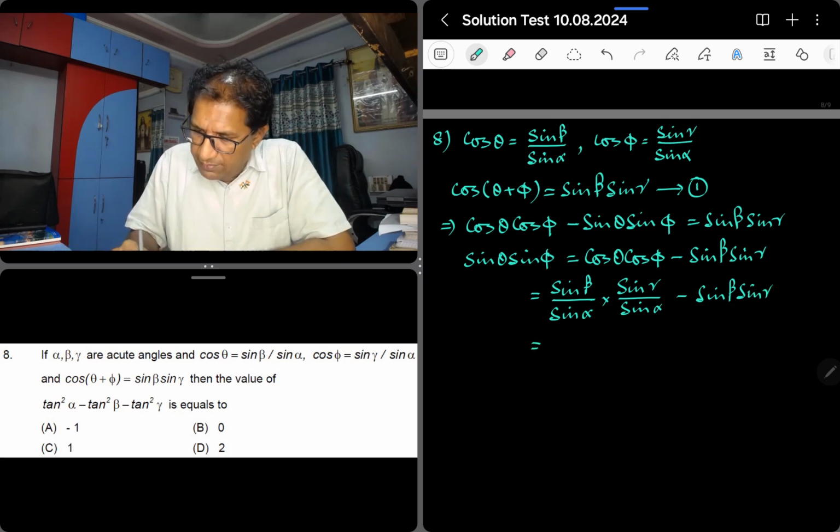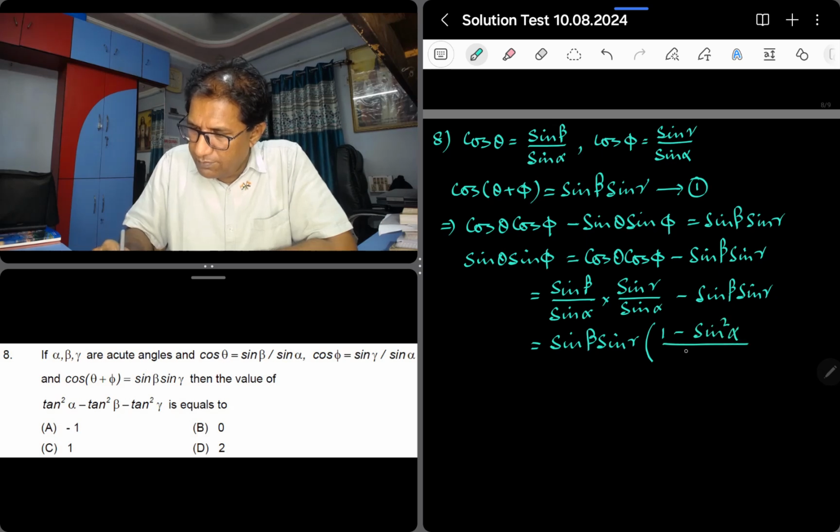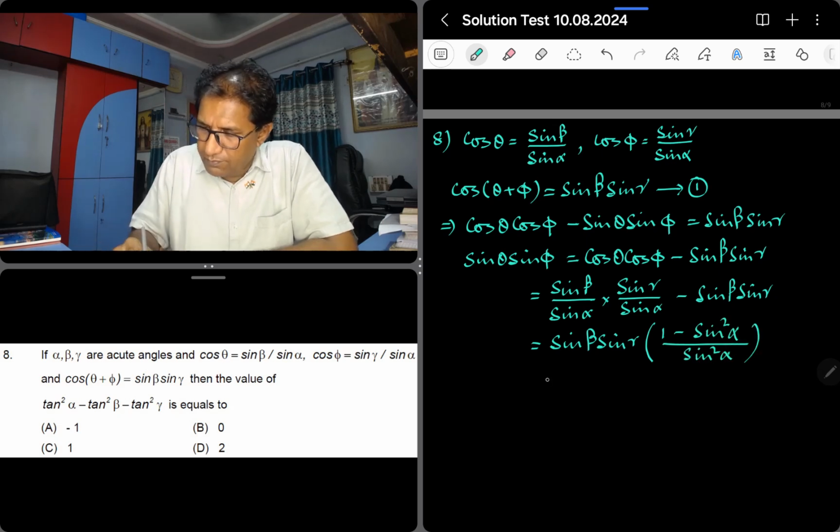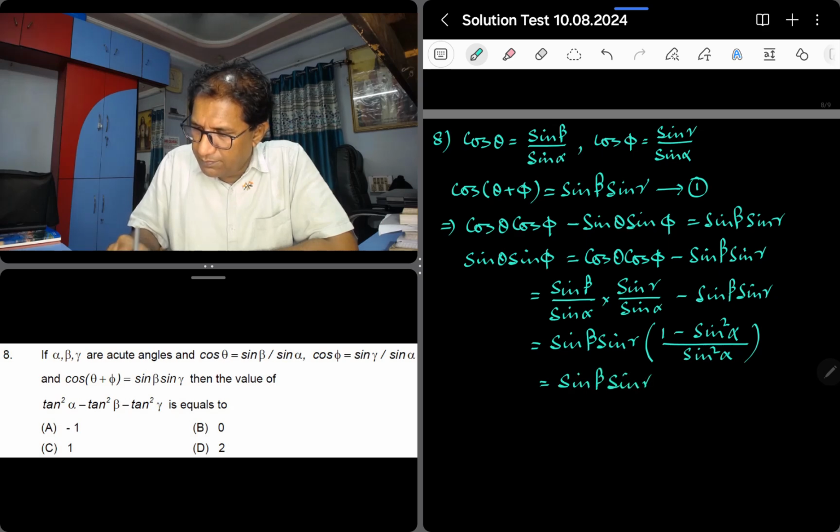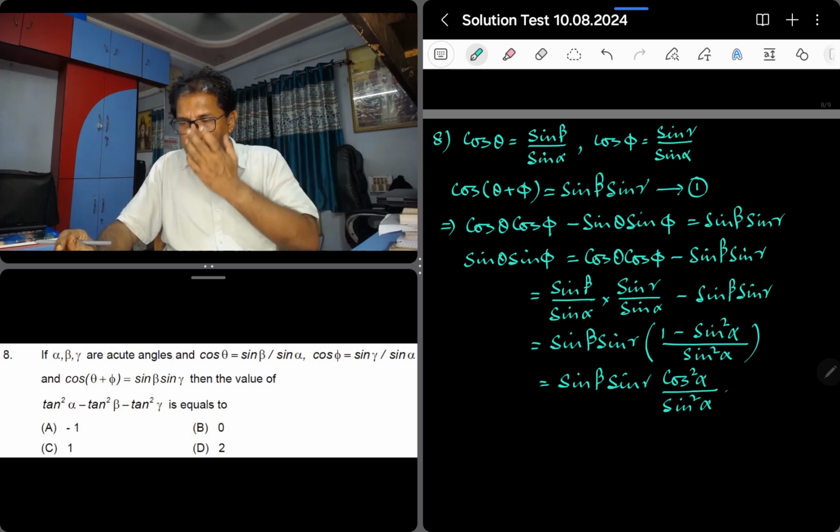So let me take sine beta, sine gamma common. So we are having it's sine beta, sine gamma into cos square alpha over sine square alpha. Is it clear?